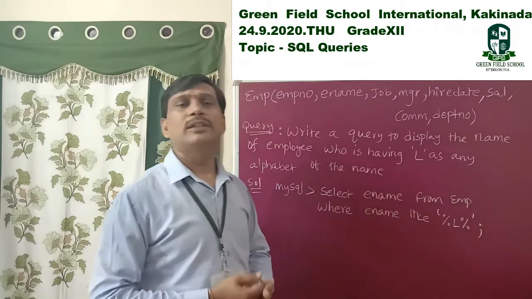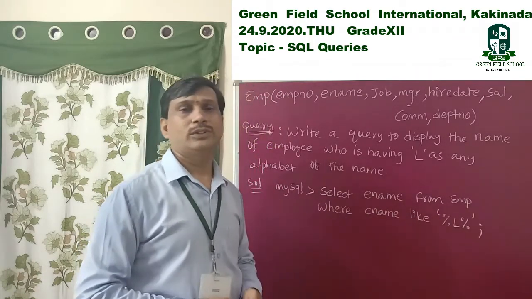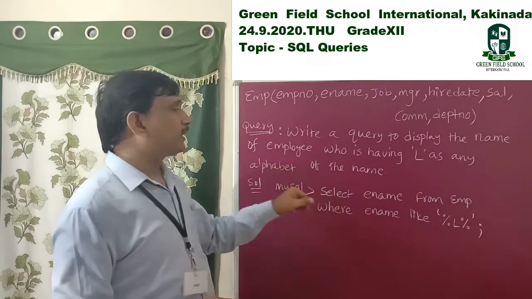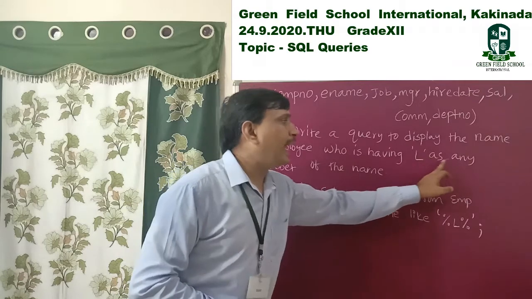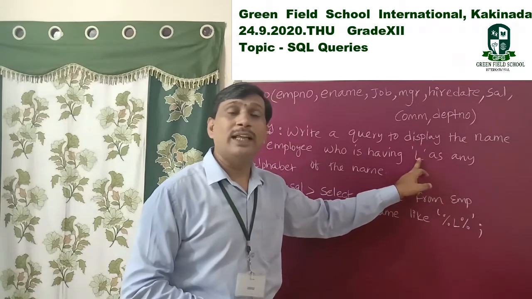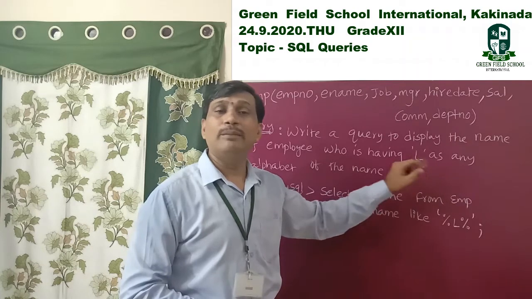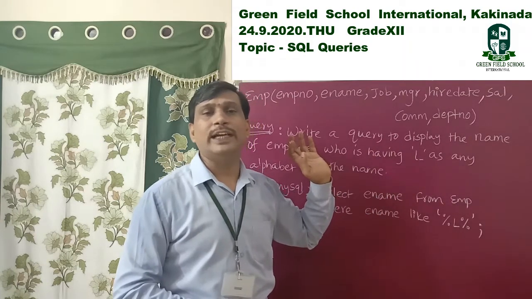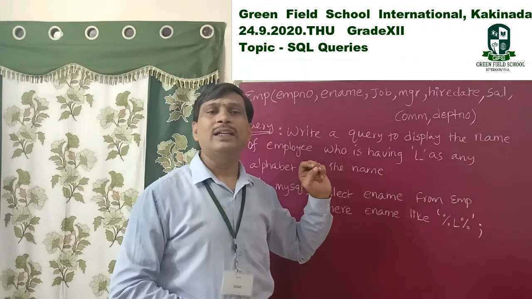Next we write some condition. This one is very, very important. They are asking for the condition: who is having capital L as. See here, small l and capital L are differentiated in the LIKE operator in SQL. In remaining cases they are not differentiated; only in the LIKE operator they are differentiated.